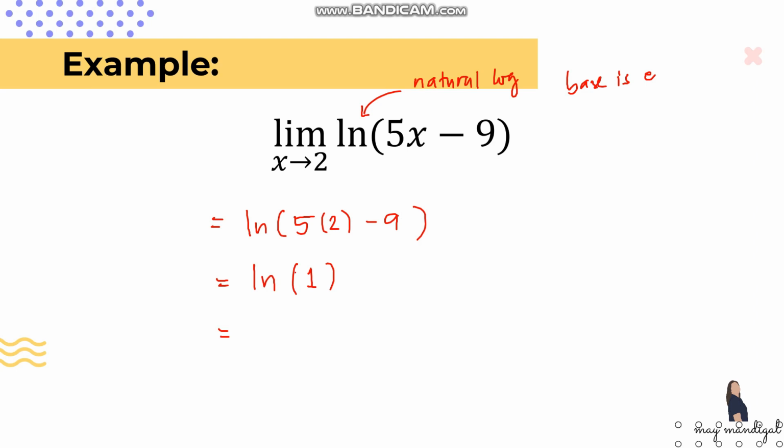So remember, ln, the base is e. So we have to think of a number that we will use as the exponent of e so that the answer is 1. And that is 0. Because remember, if we raise e to 0, that will give us 1. Any number raised to 0 is just equal to 1. So therefore, the limit of this function as x approaches 2 is equal to 0.